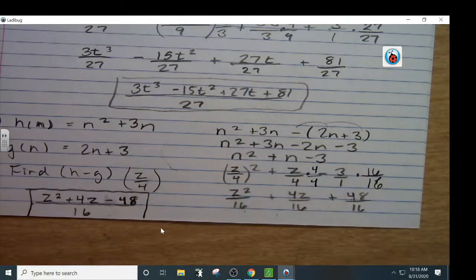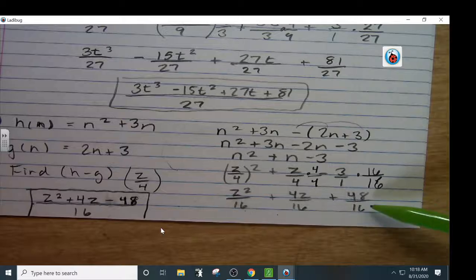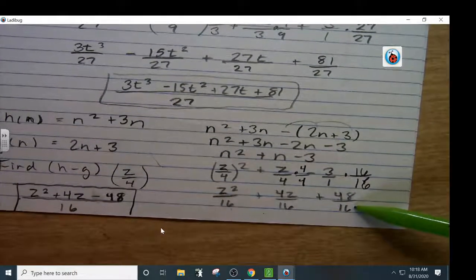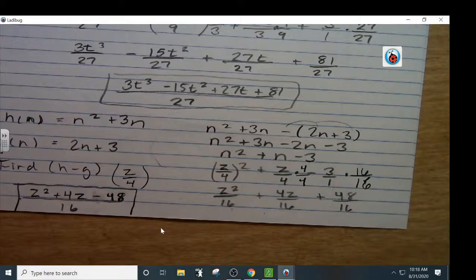So you just multiply by what it takes to get your common denominator, bottom and top. That becomes 48 over 16. And then I put them all together over 16.